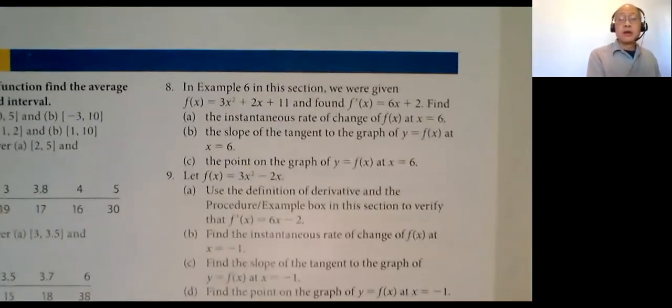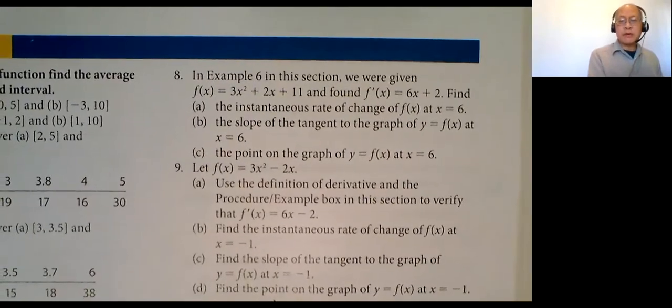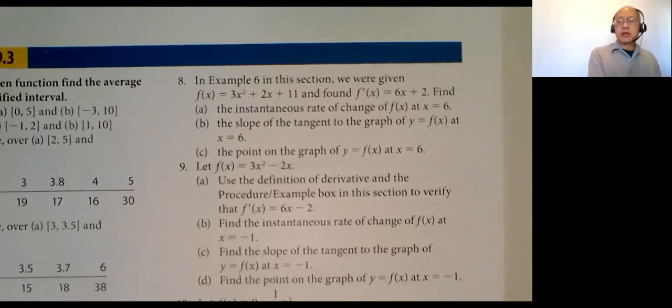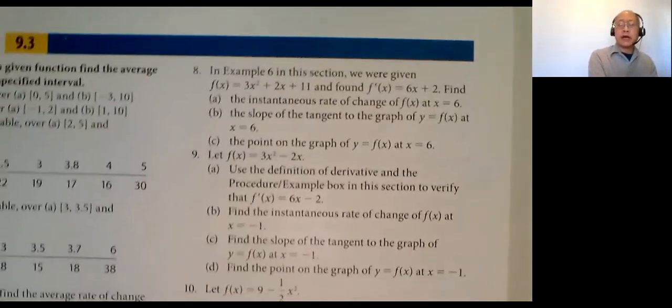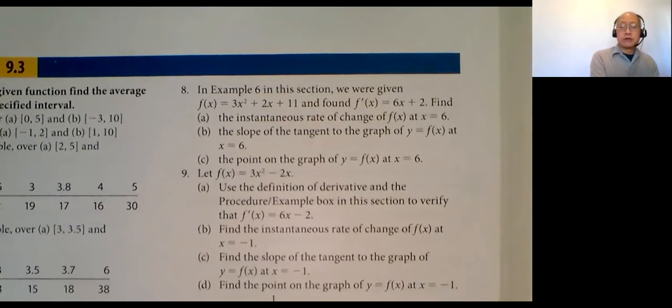All right, so here we go. Question number 8. They're giving you f of x is 3x squared plus 2x plus 11. They're already telling you the derivative is 6x plus 2. You will learn how to do that quickly starting next time, but we don't know that yet. Just assume that's true.